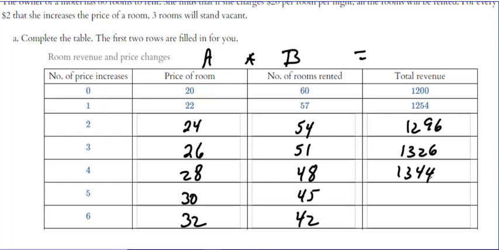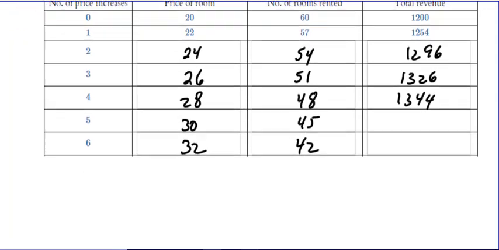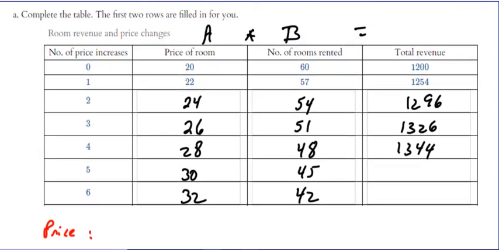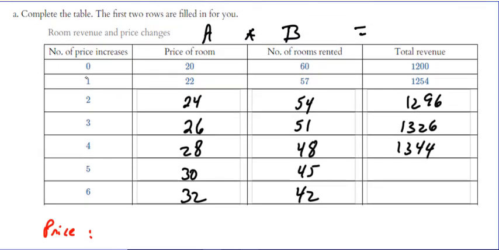Now, so let's kind of come up with an equation. So price of the room. Okay, so we're looking at these, and at 0 price increase is $20, right? And they can rent all 60 rooms. So $20 at 0 price increase.